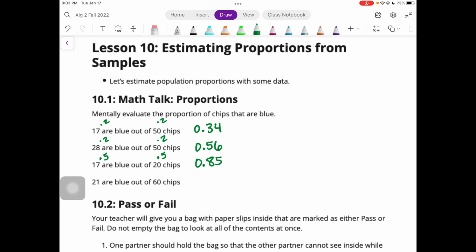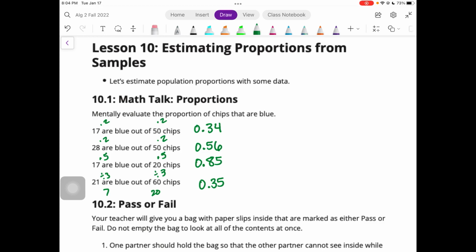And then 21 are blue out of 60. If you divide both of those by 3, that's the same thing as 7 out of 20. Right? 7 out of 20. And so then if you multiply that by 5, you get 35, so 0.35.